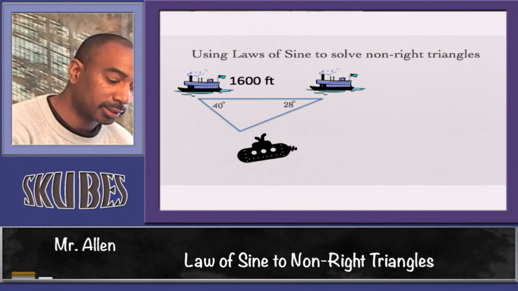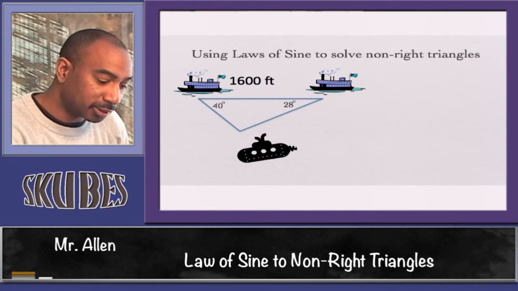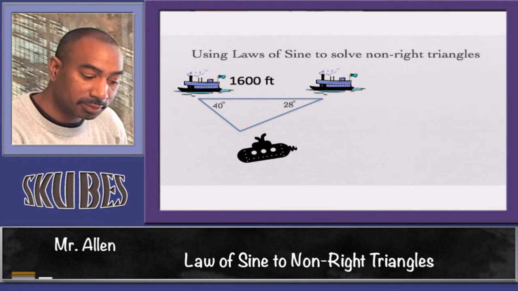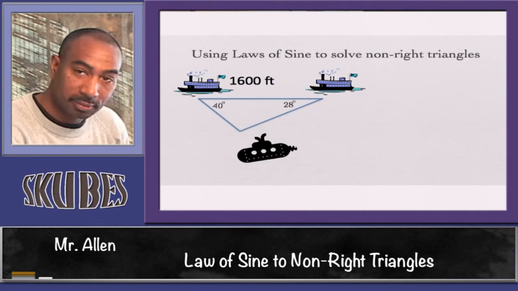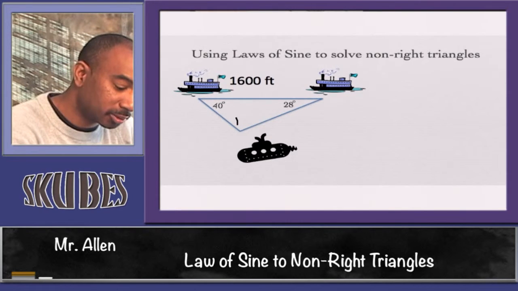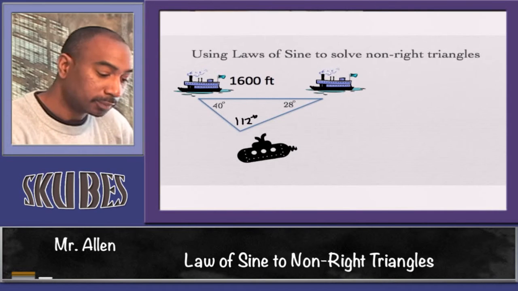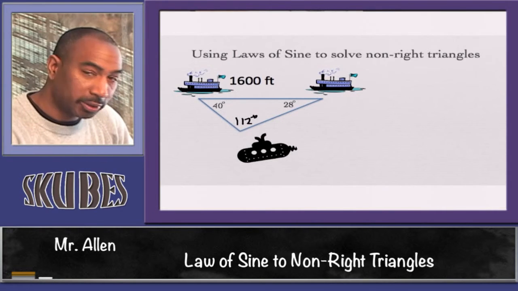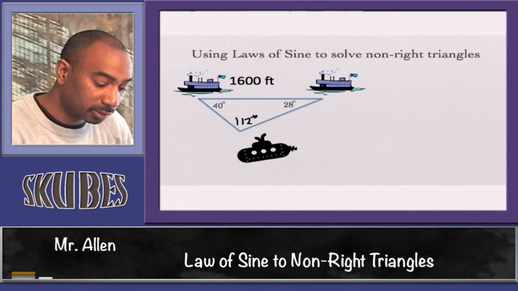And like I said before, all three angles in this triangle must add up to 180 degrees. If you add these two up and subtract that sum from 180, you're going to wind up with 112. And what we're looking for is how deep the submarine is from the two ships. How deep is it from the surface of the water?